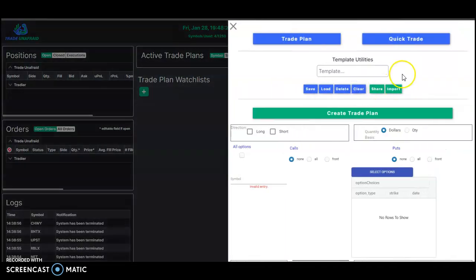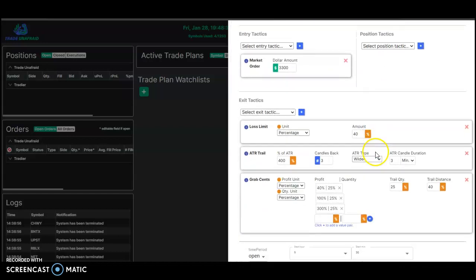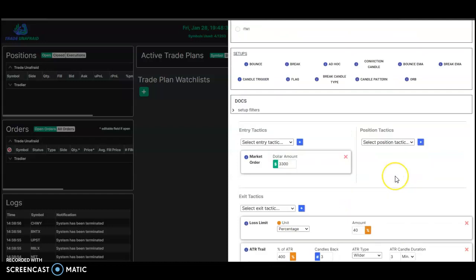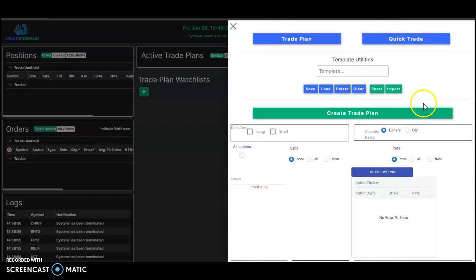So let's start with a clear template, accepting the defaults I have preset in user preferences.